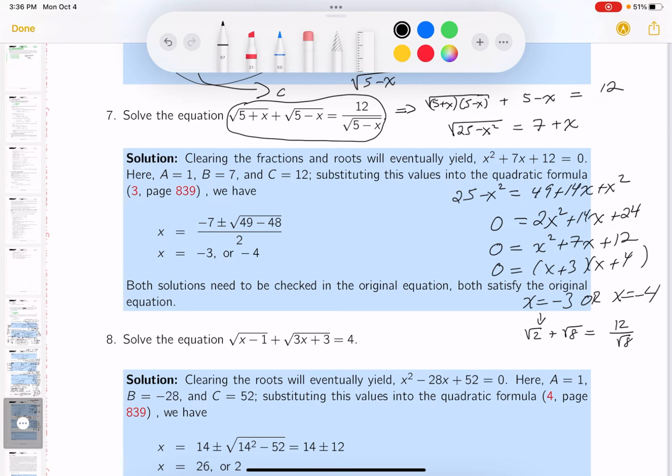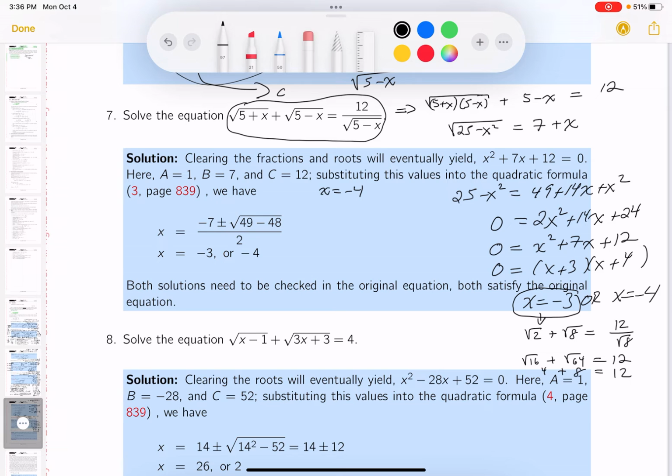Well, I'm going to multiply both sides by the root of 8. Right? I'm going to get rid of that fraction. What are you going to get? Root 16, root 64 equals 12. Root of 16 is 4, right? The square root of 64 is 8. That worked. So I know this is a good answer. Now let's try the minus 4. I'm going to try x equals minus 4.